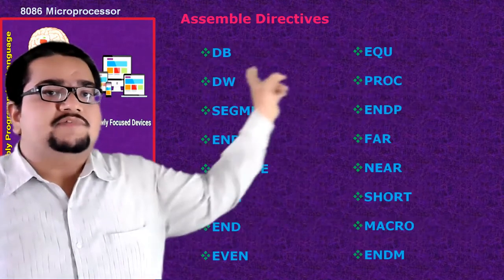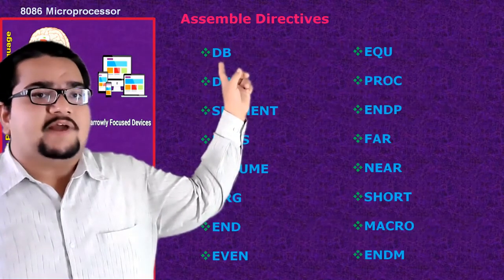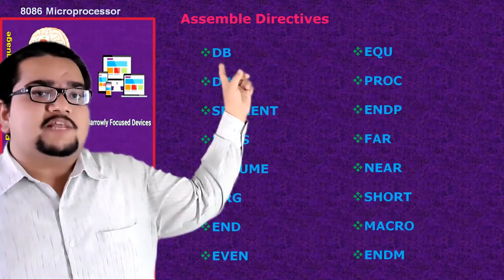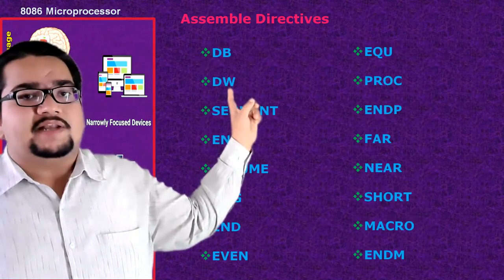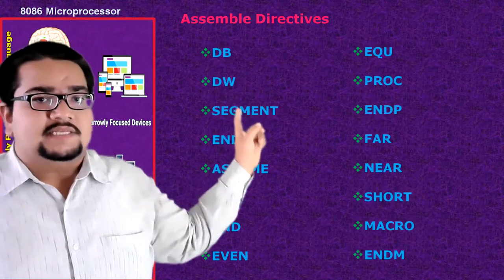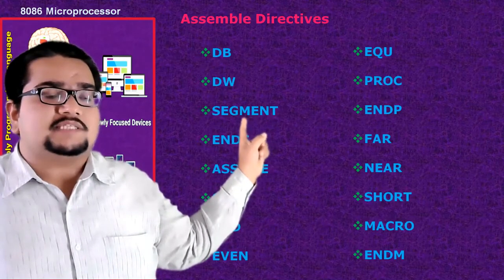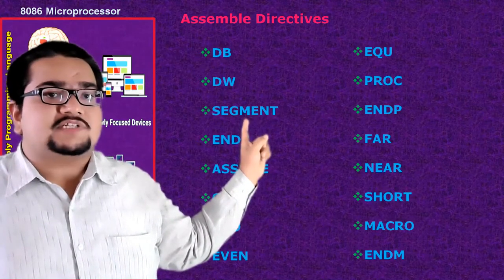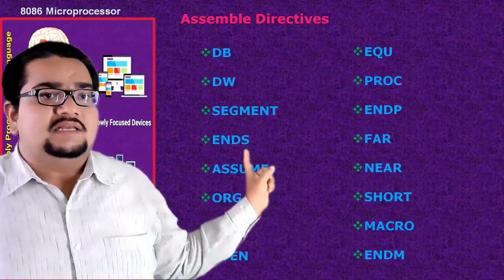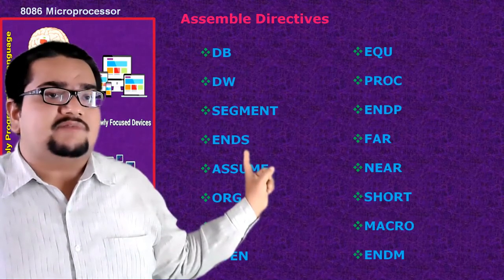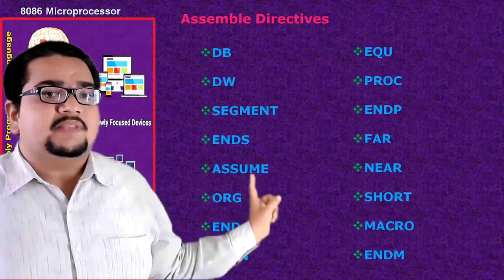We start with DB, which stands for define byte, so we define some variable as byte size. DW, define word, defines a variable into a word size. SEGMENT is meant for the starting of a segment. ENDS, which we pronounce as end S, is used for ending the segment.